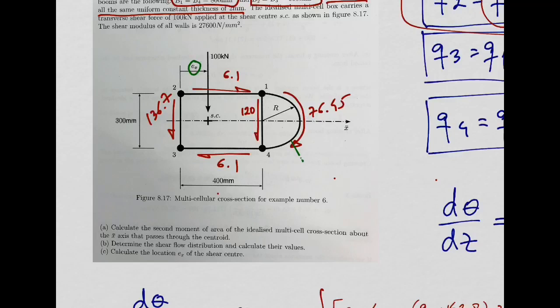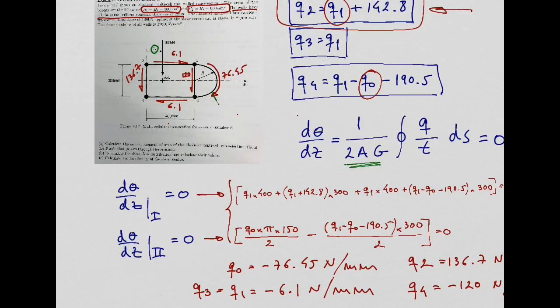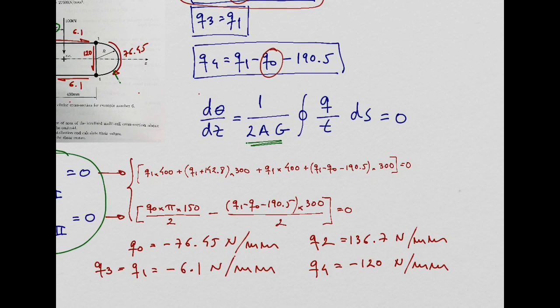You might be thinking, okay, the equilibrium of the moments will always give me the location of the shear center. So careful here, because what really is giving us the location of the shear center is these two conditions that we imposed on the twist angle, equal to 0 for the two cells. These two conditions that we imposed in part B led us to this system of equations, which led us to obtain Q0 and Q1 such that the twist angle is going to be 0 for two cells.